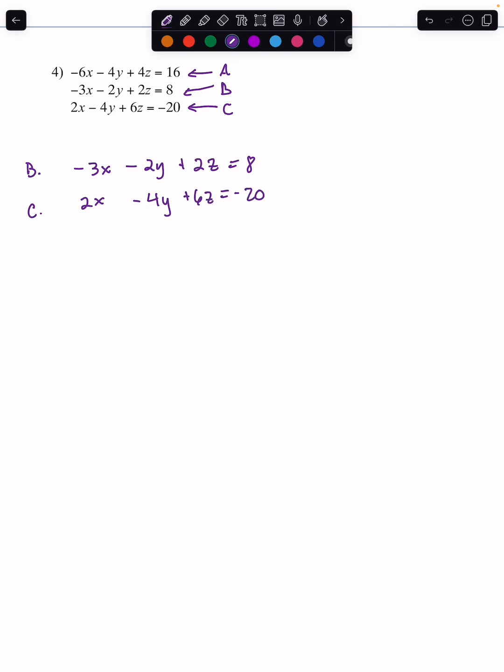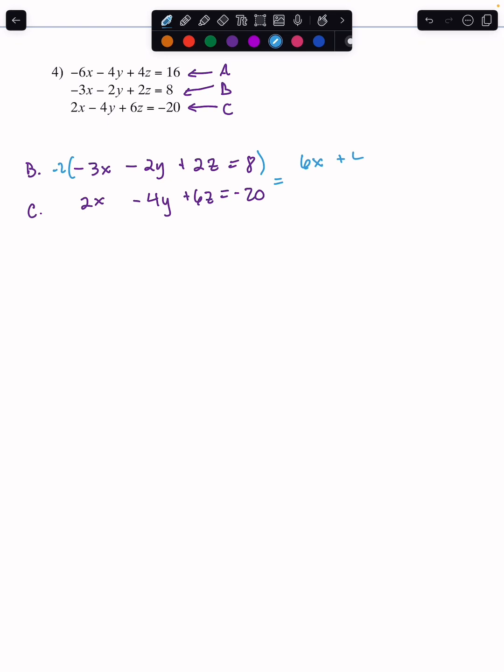So I'm going to go ahead and cancel out my y's first, which means I'm going to have to multiply that top line by negative 2. That's going to become a positive 6x plus 4y minus 4z equals negative 16.